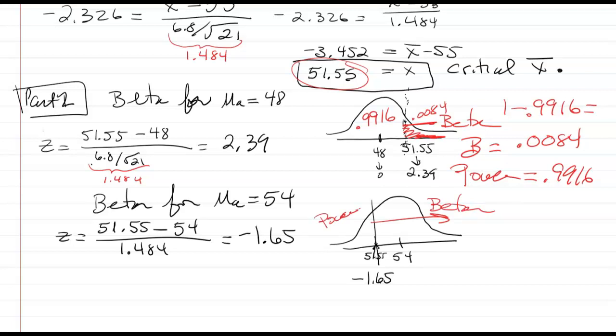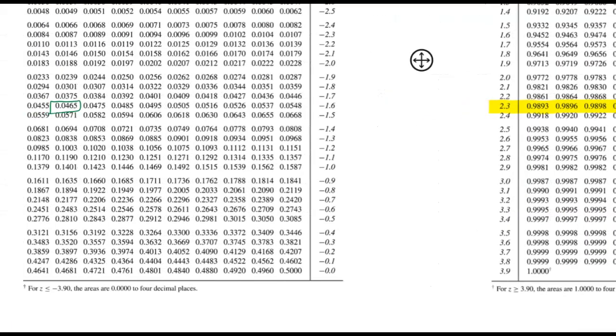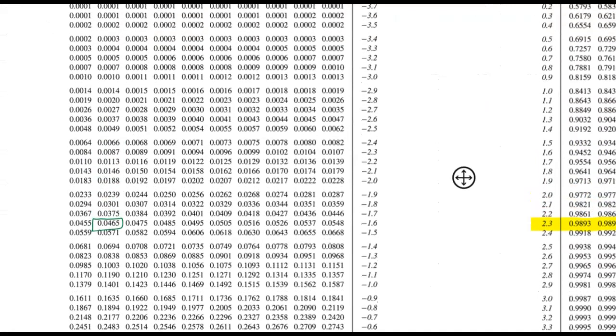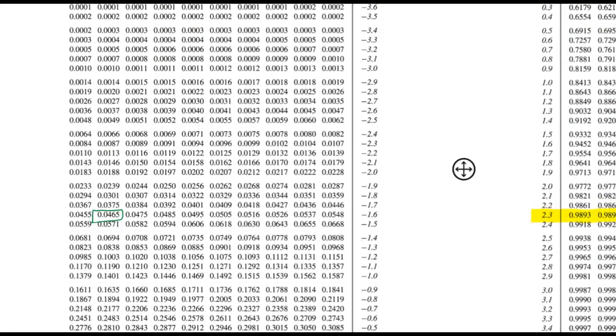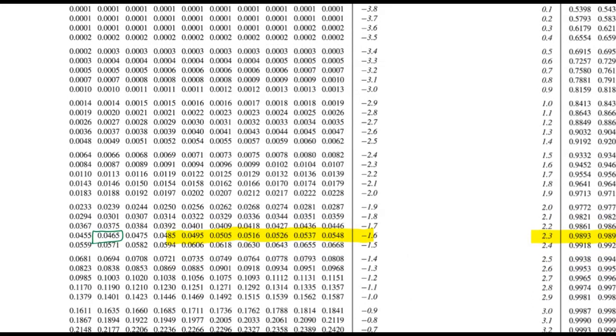Go to your Z table and look up negative 1.65. Negative 1.6, so negative 1.65. 0, 1, 2, 3, 4, 5. Looks to be about, make sure I got the right column. Yep, 0.0495.